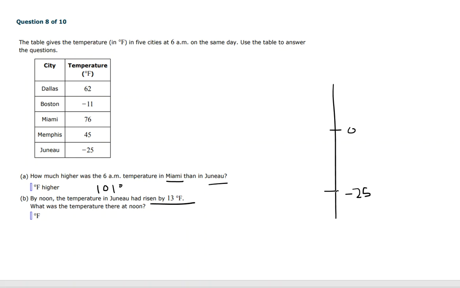Well, from negative 25, if we go up 13, we would be at negative 24, 23, 22, negative 21, negative 20, negative 19, negative 18, negative 17, negative 16, negative 15, negative 14, negative 13, negative 12. Obviously, this is not 0. Okay, so if it rises by 13 degrees, then the temperature at noon is going to be negative 12 degrees Fahrenheit.